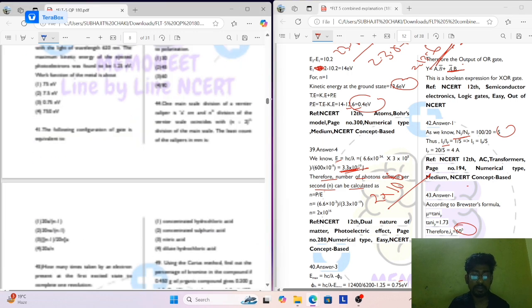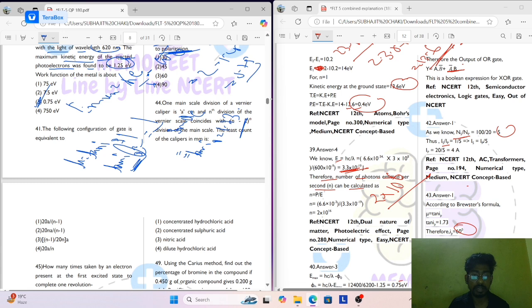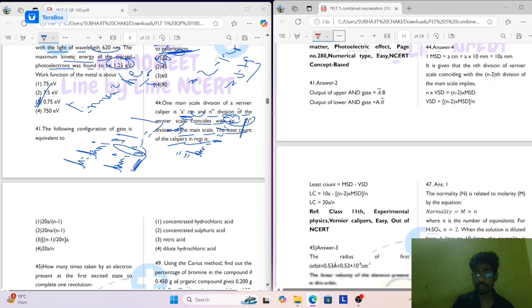One main scale division on a vernier scale is 1 centimeter, and the nth division of the vernier scale coincides with the n minus 2th division of the main scale. The least count of the vernier calipers is? 1 MSD equals 1 centimeter, which means 10 millimeter. It coincides with the n minus 2 division of the main scale, that is n VSD equals n minus 2 MSD. That means 1 VSD will be n minus 2 by n.